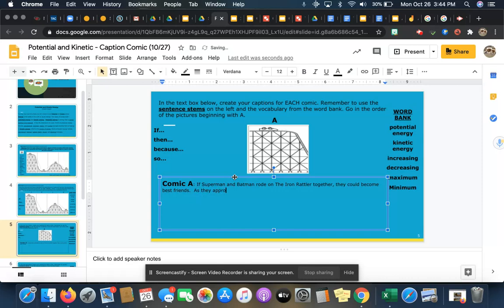As they approached the top of the ride, where maximum potential energy, well, let me change that up. I don't think I really like that. Where they experience what the maximum potential energy is right before they fall.